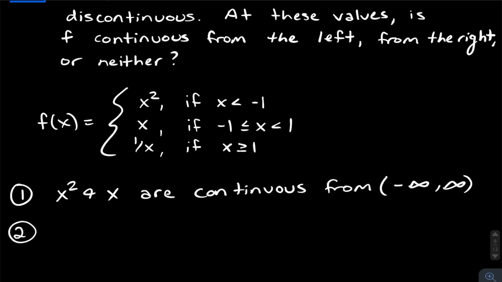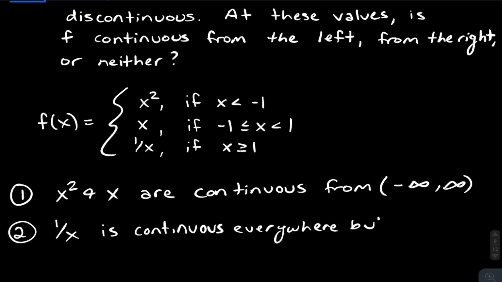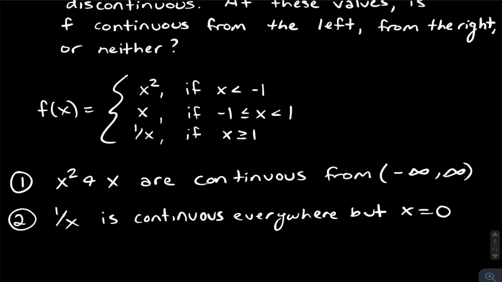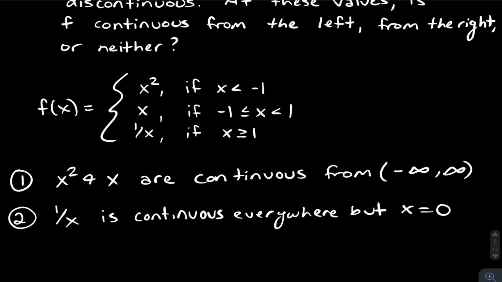And secondly, 1 over x is going to be continuous everywhere but x equals 0. That's going to be the only point of discontinuity, right?